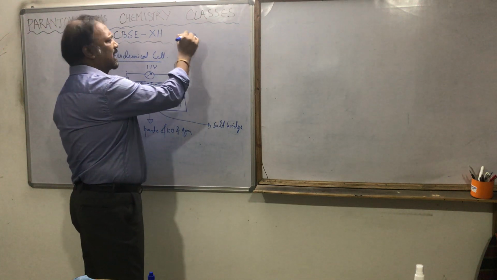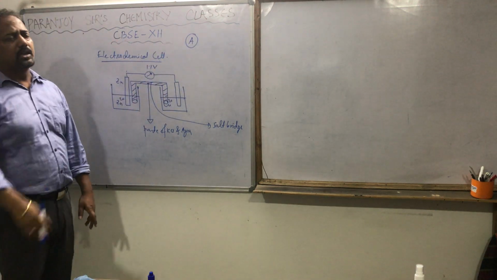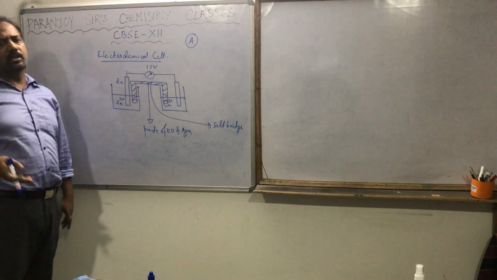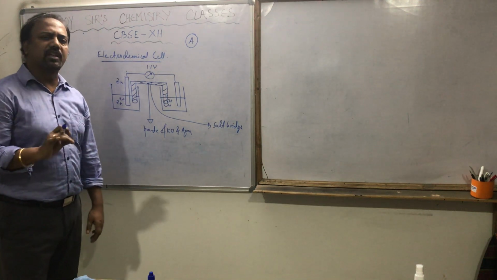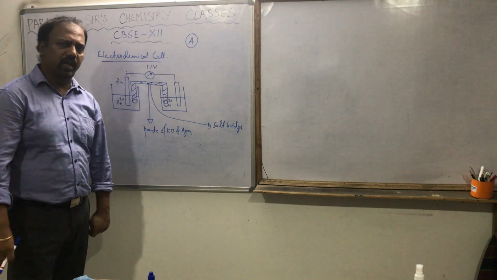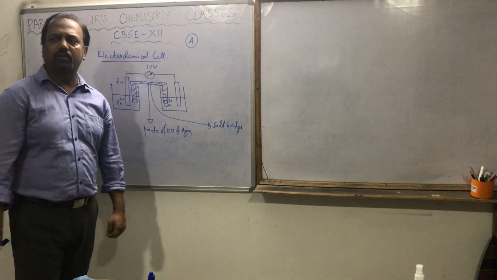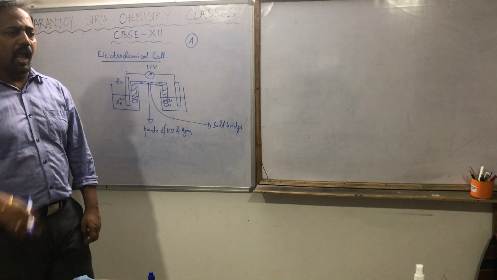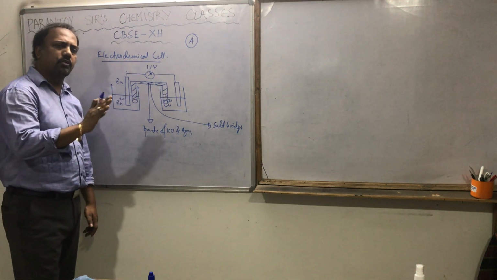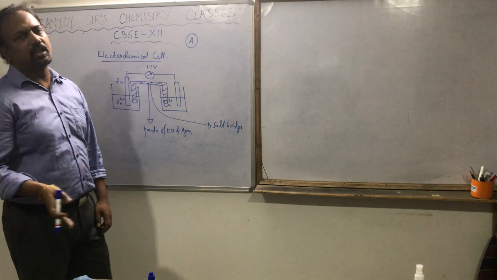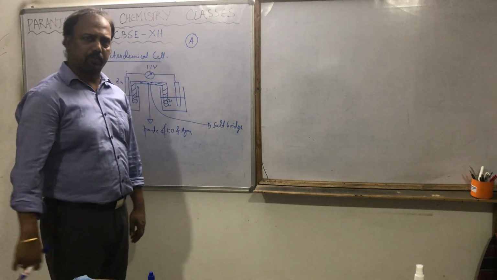Now in any kind of cell, whatever it is, it can be electrochemical cell, it can be electrolytic cell, the reaction that is taking place is the redox reaction. Redox reaction, that means reduction and oxidation simultaneously. And in one of the electrodes, the oxidation will take place, and in the other electrode, the reduction will take place.